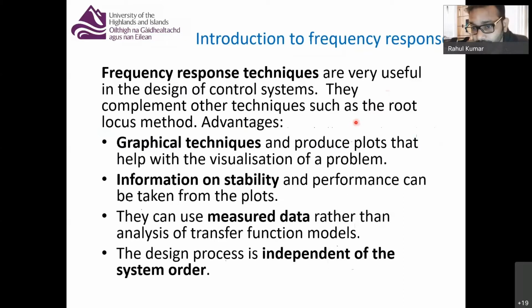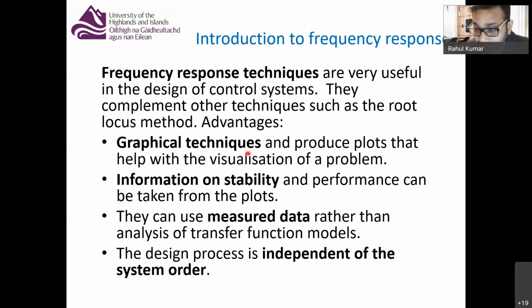As I mentioned, it is a graphical technique. So even if we only have the data of the system, we can plot that data in a certain way and carry out frequency response analysis.